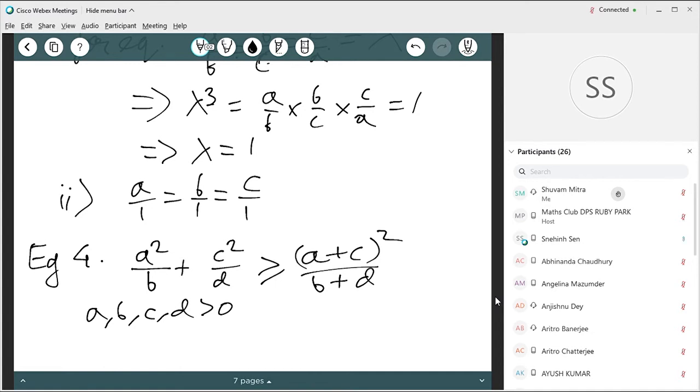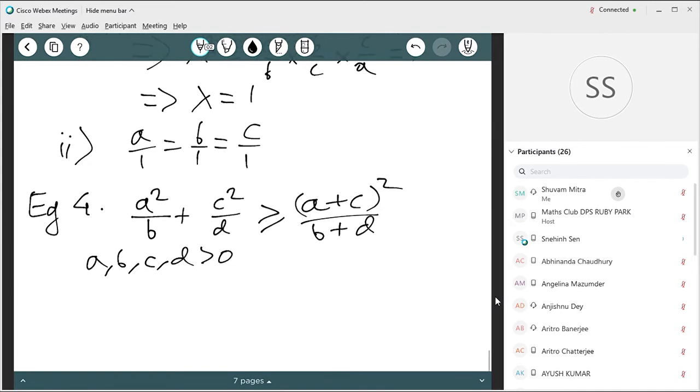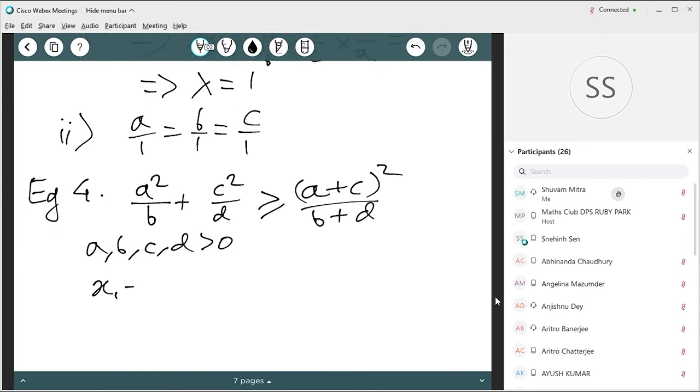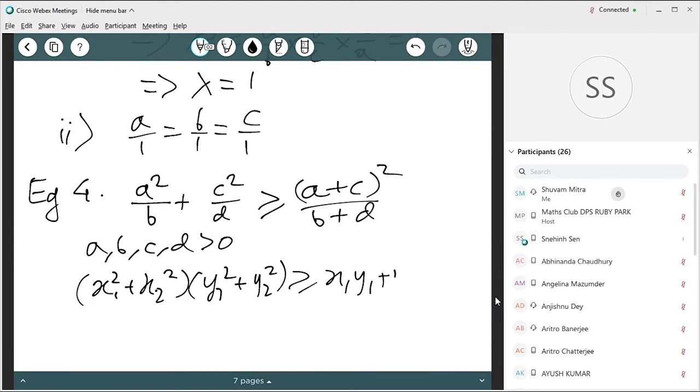Rather, I should ask my question as: what should be x1 if I write it as x1 plus x2 whole square, y1 square plus y2 square is greater than or equal to x1 y1 plus x2 y2 by Cauchy-Schwarz whole square? So what should be x1, x2, y1 and y2 for us to have this inequality?